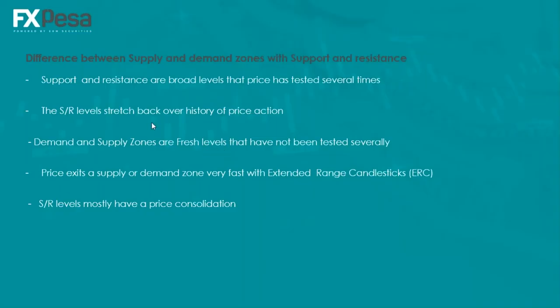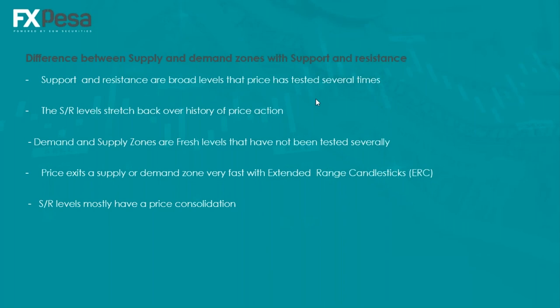Now, how would you differentiate between supply and demand zones? When it comes to support and resistance, these are levels where you'd have price retested a number of times. On the other hand, when you're talking about a supply or demand zone, our intention is not so much to check how many times that level has been retested.